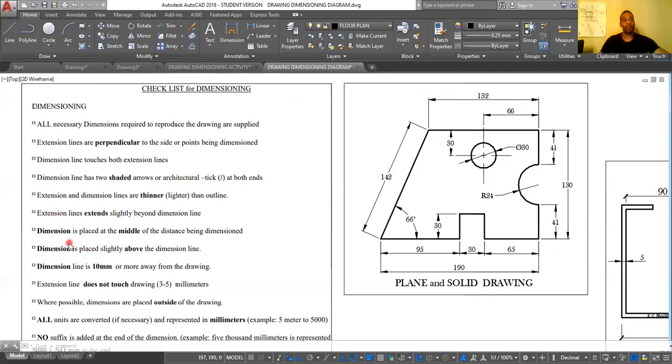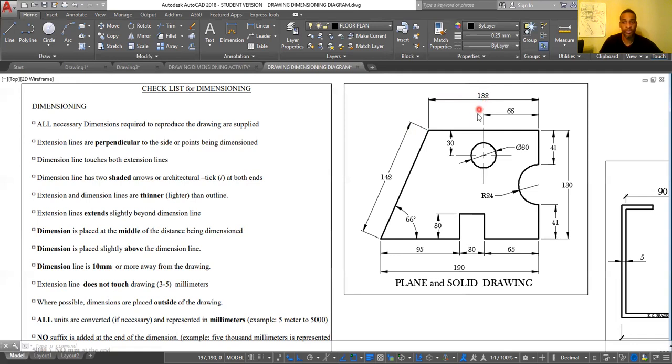Also, dimensions should be placed in most cases, or ideally, in the middle of the drawing. So check to ensure that your dimension line is placed in the middle of the drawing, and it should not touch the drawing. So there should be a space here between your dimension line and the dimension.